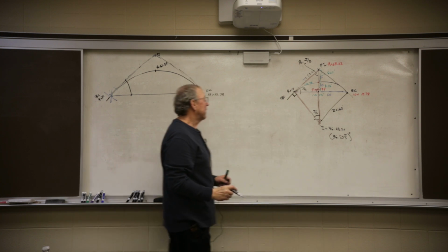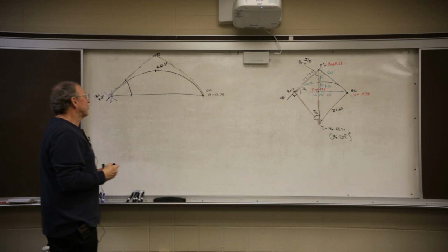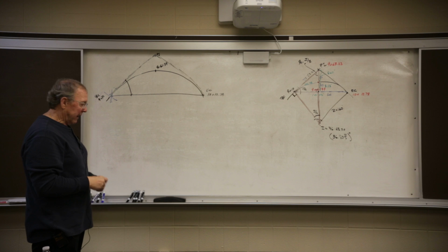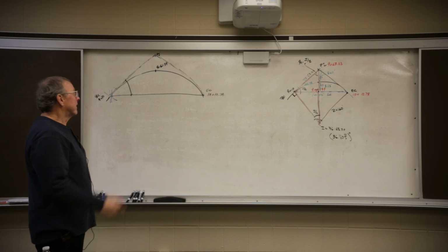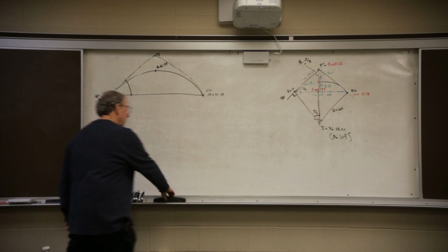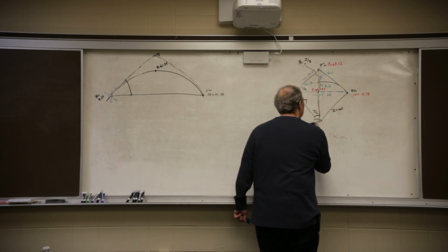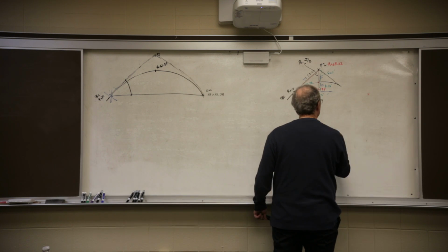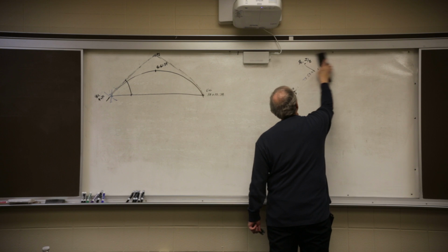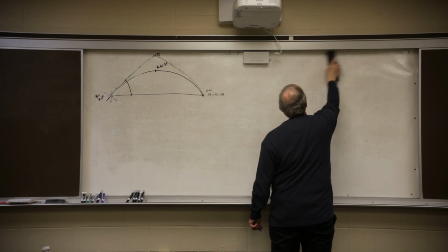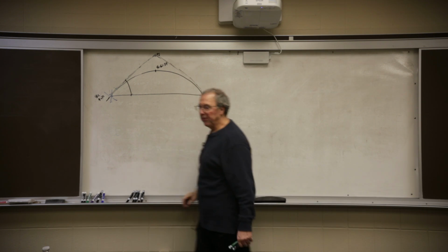So now I need a table. So we've got everything set up the way I think we need it. I can get rid of that picture over there, and we can go about filling in our table. So this table is the table you're going to fill in for the lab on Thursday.